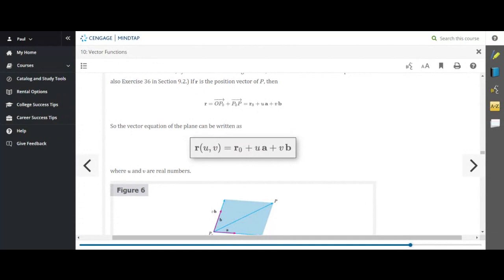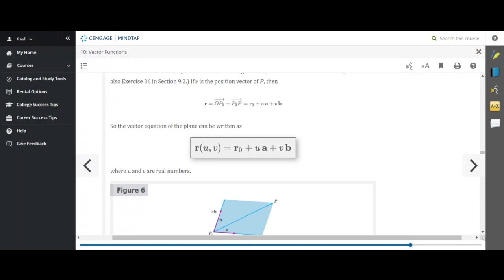And of course, that vector function of parameters u and v is the vector function for a plane. Only a plane now. That's not a vector function for another parametric surface. It's for a plane, but it'll handle any plane.